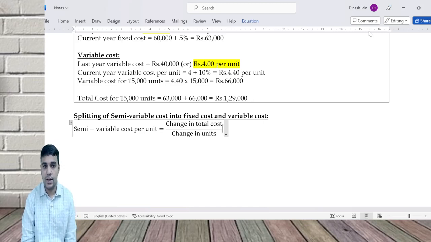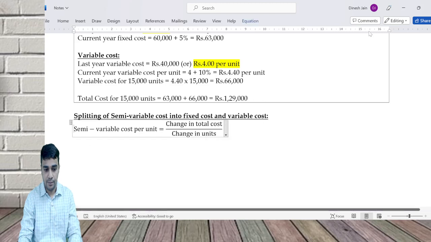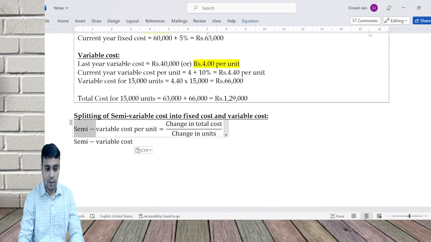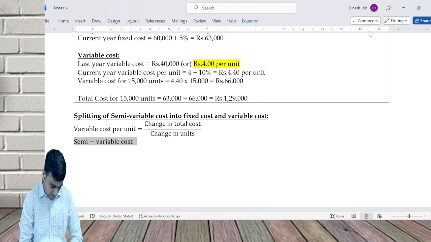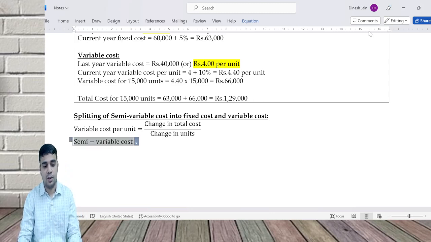Change in total cost divided by change in units. Or you call it as variable cost, not semi-variable cost. Call it as variable cost per unit. Variable cost per unit is equal to change in total cost by change in units.